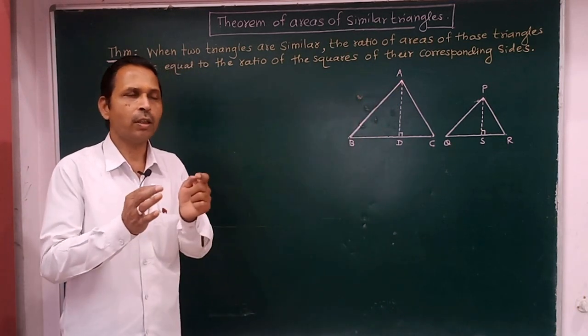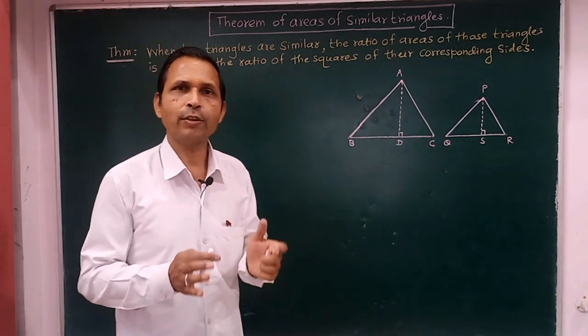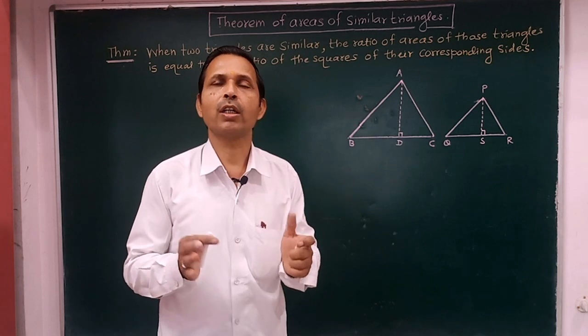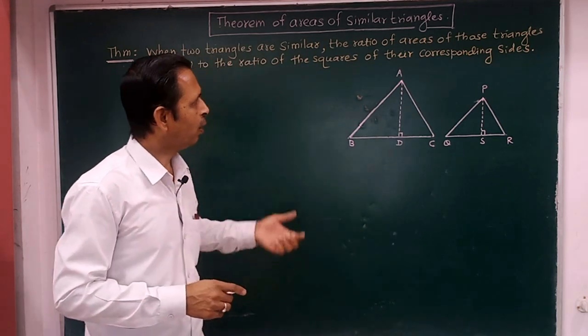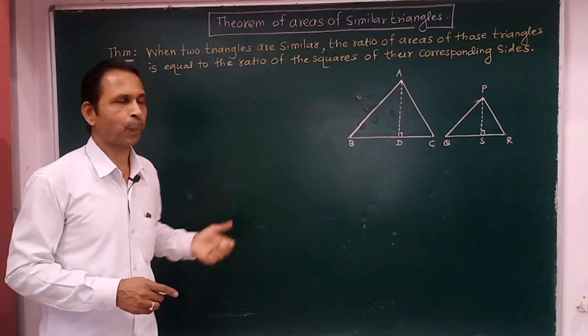This is the relation between the ratio of areas of the two triangles and the ratio of the corresponding sides. This relation will be proved in this theorem.